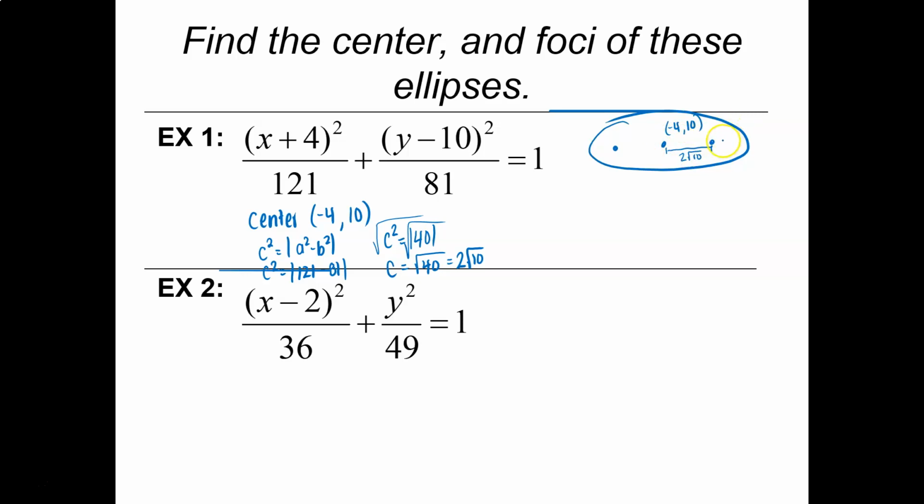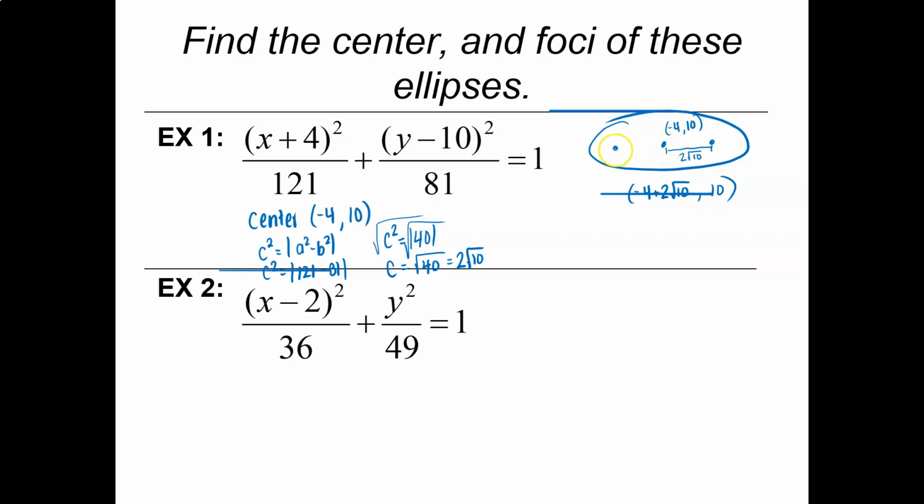So if I want to know the coordinates of this point over here on the right, I need to add 2 root 10 to which coordinate? The x. So I would get (-4 + 2 root 10, 10). Sorry for that line there.